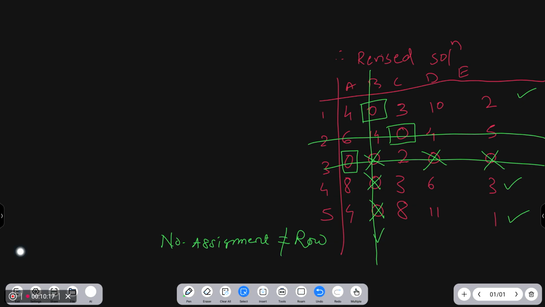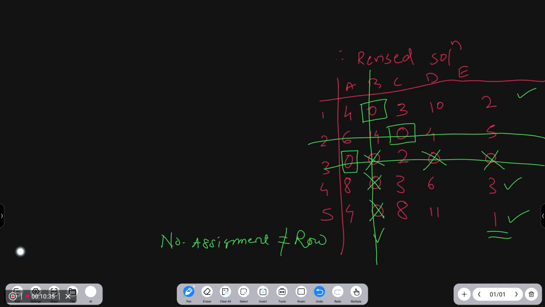Whatever is covered by a line is called the covered area. The next step is that you have to find the smallest value. What is the smallest value here? 1. The smallest value is 1.